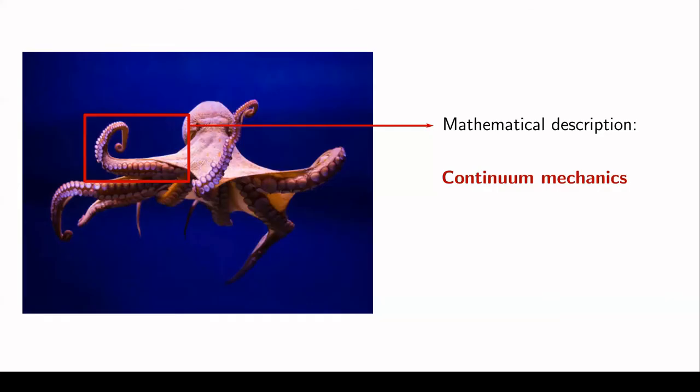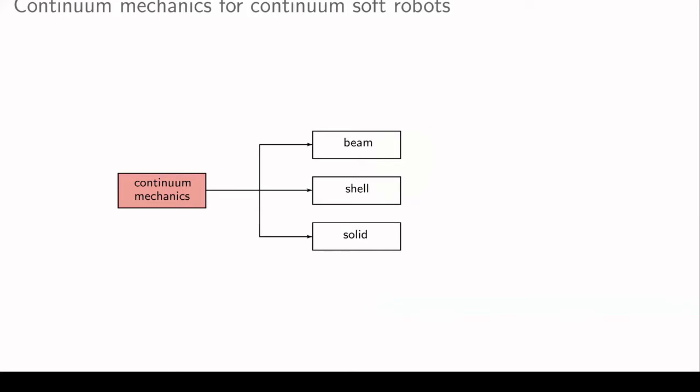As all of you already know, the octopus tentacle has been the main source of inspiration for soft robotics in general. And to mathematically describe these tentacles, we look to continuum mechanics theories. In continuum mechanics, we can deal with monodimensional, bidimensional, and three-dimensional solids.